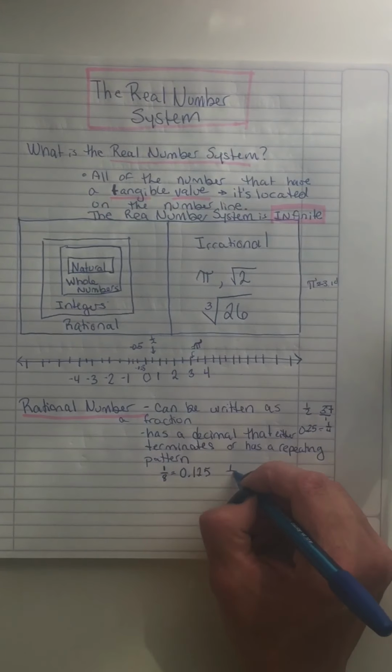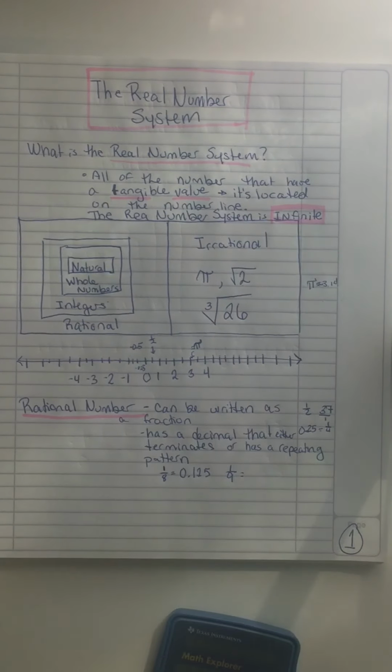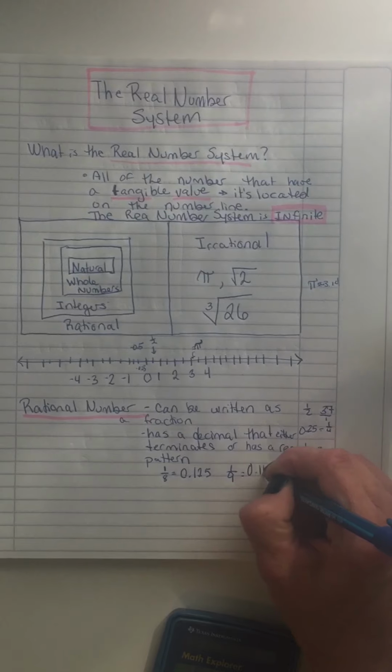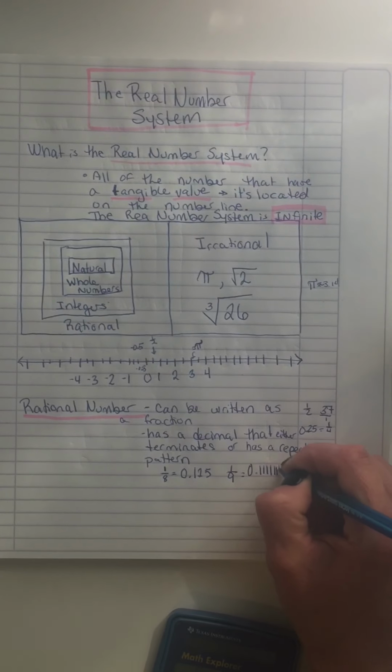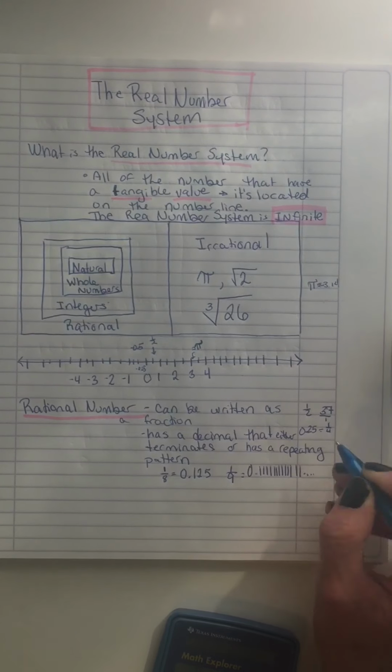Okay, but 1/9 is going to give me a repeating decimal. I don't ever remember what the repeating decimal is for that, so I apologize. I should know that. 1 divided by 9. And I get, oh, that's easy to remember, 0.11111111111 on and on and on forever.